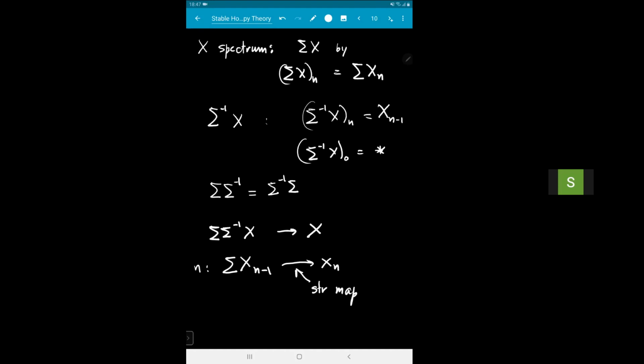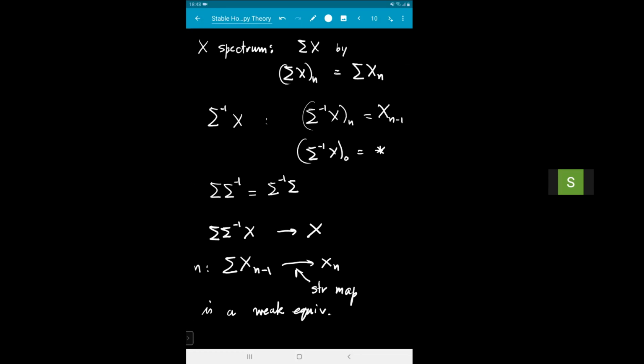You can check that this is a weak equivalence. So in the homotopy category, they will give you the same object. In other words, this suspension functor is homotopically invertible.